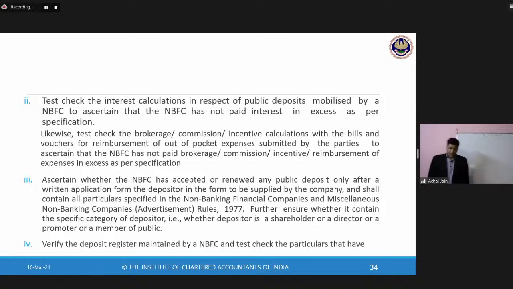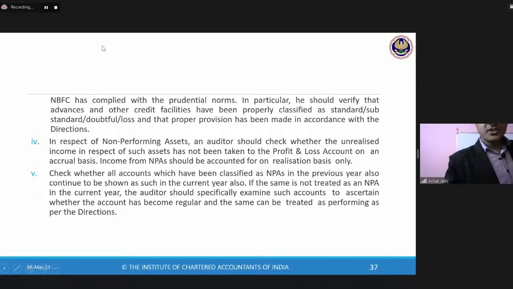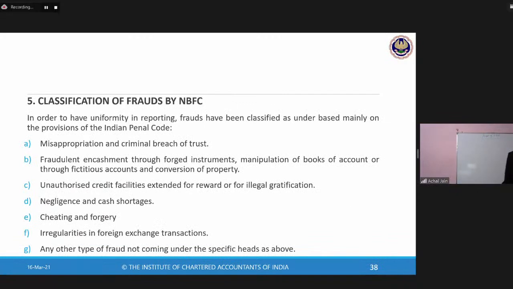All right. So now with this, we have discussed certain procedures around various areas of NBFC. Now we can move on to certain frauds which could be seen in case of NBFCs, and around which some of the procedures which the auditor should plan.